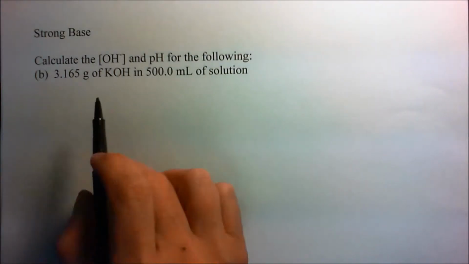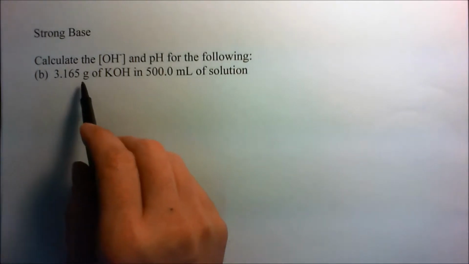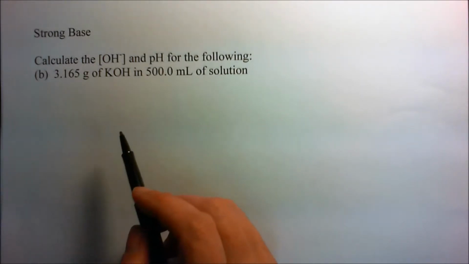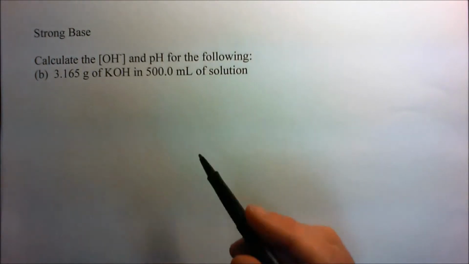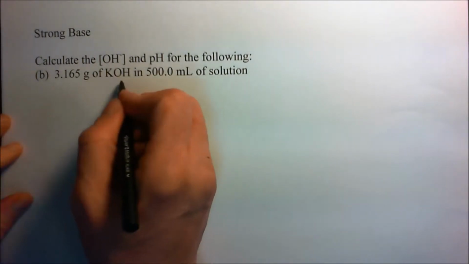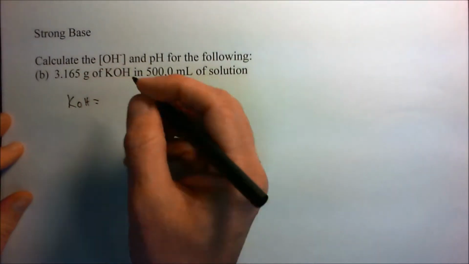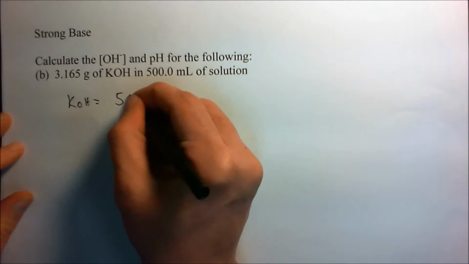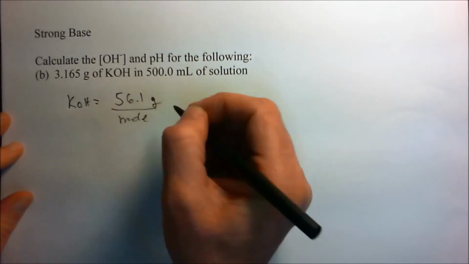Here we're given the mass of a strong base in a solution. So we're going to have to convert this into the molarity of the solution, and then we'll find the concentration of hydroxide ion and the pH. First off, the molecular weight of KOH, if we pull out our periodic chart, is 56.1 grams per mole.